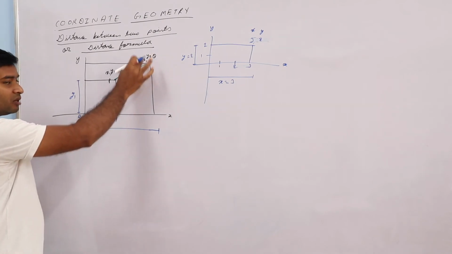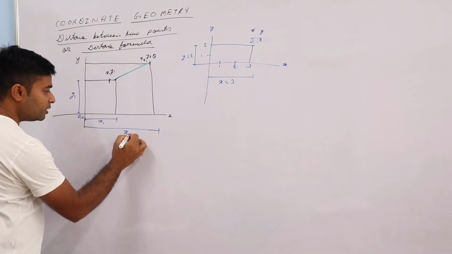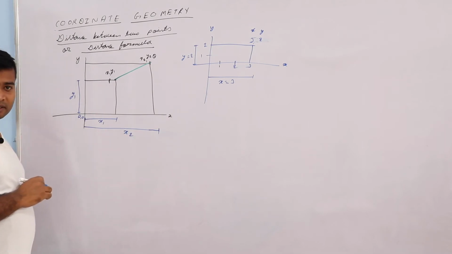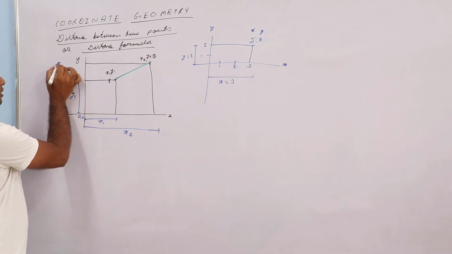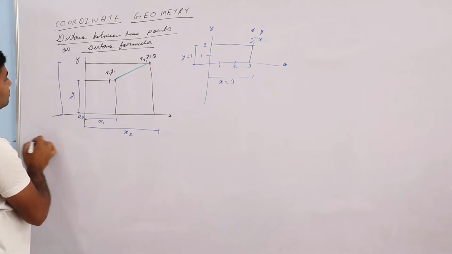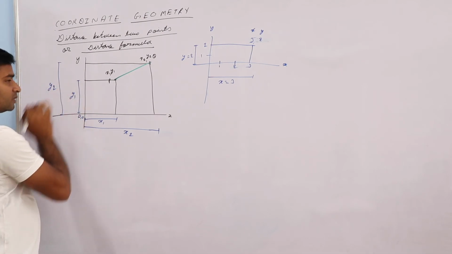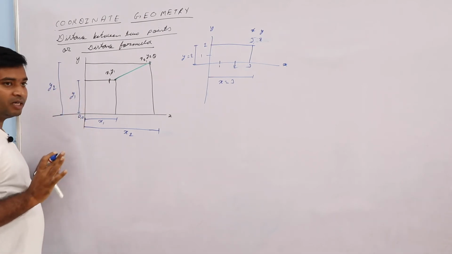Correct? So the x coordinate is x2, from here to here will be x2. Now from here to here, y2. Here to here is y2. So all coordinates we have written.